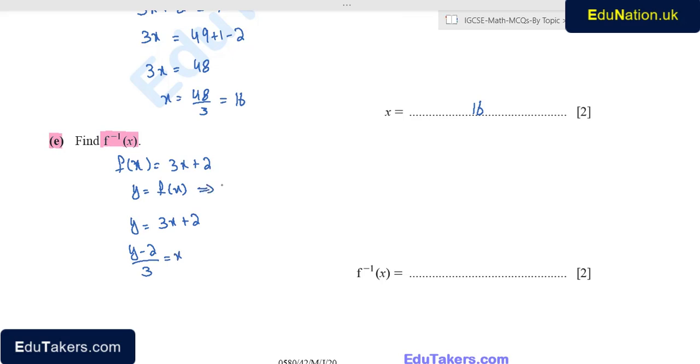From this equation, x is equal to f inverse of y. Now replacing x with f inverse of y, this will be y minus 2 over 3. Now replacing y with x, f inverse of x is equal to x minus 2 over 3.